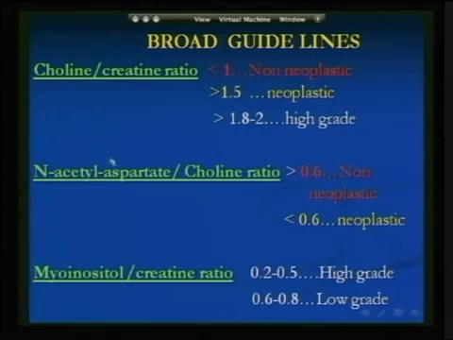On the contrary, when the N-acetyl aspartate is low, it is neoplastic; when the ratio is high, it is non-neoplastic; less than 0.6, it is neoplastic. Myoinositol, when it is high, denotes low grade. We will see this in the different cases.